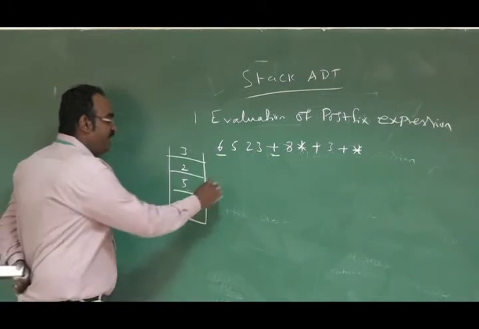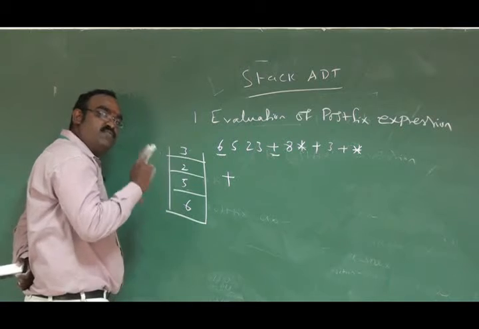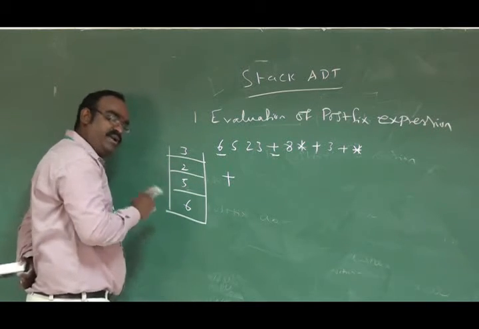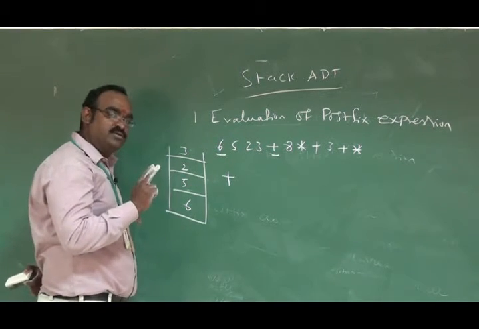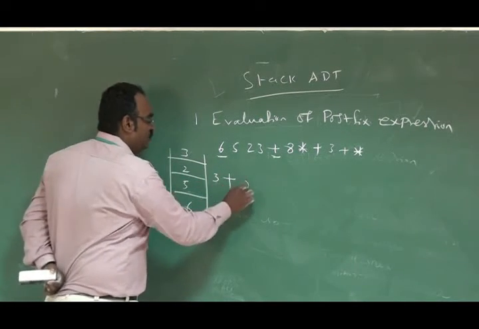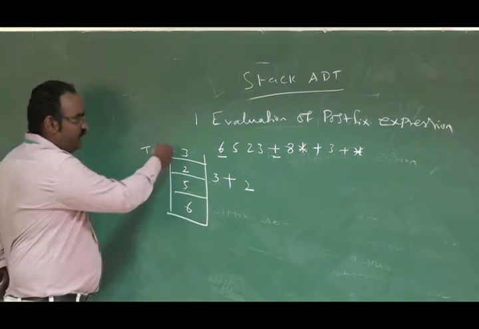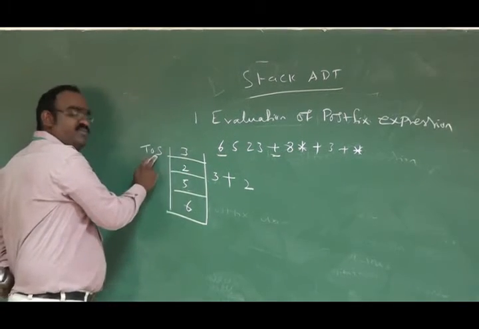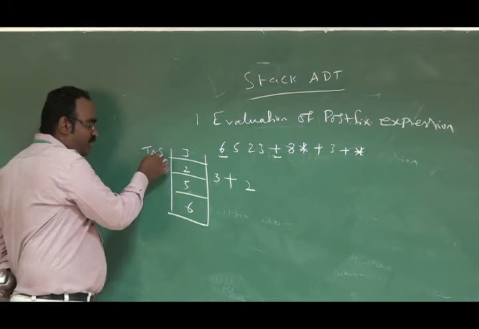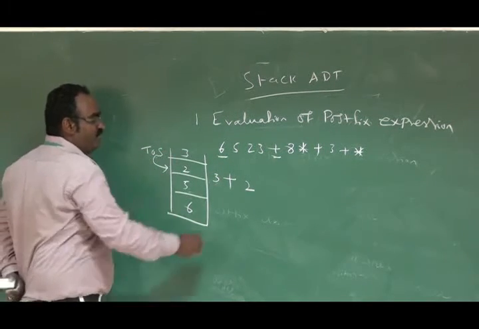When plus is reached, it immediately performs the pop operation for two operands, because every operator needs two operands. So 3 and 2 are popped: 3 is the top of the stack, and after 3 the top moves to 2. So now the value is 5.